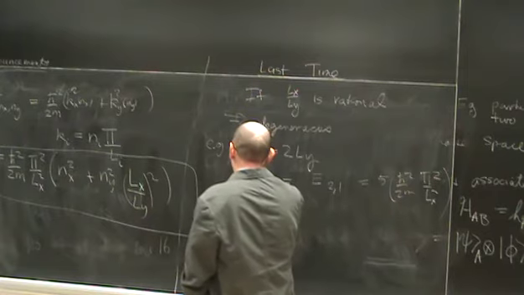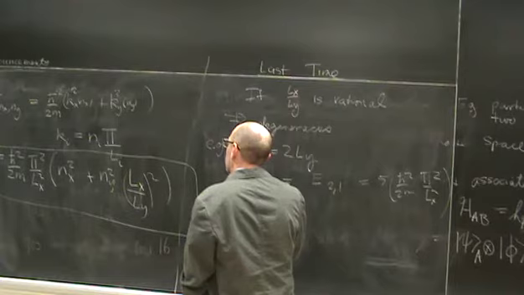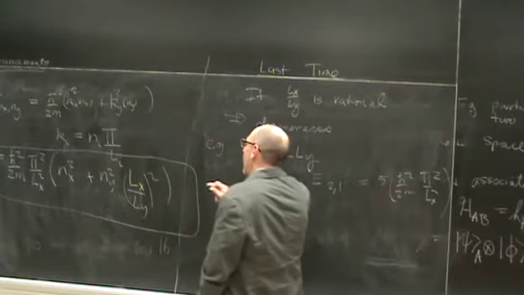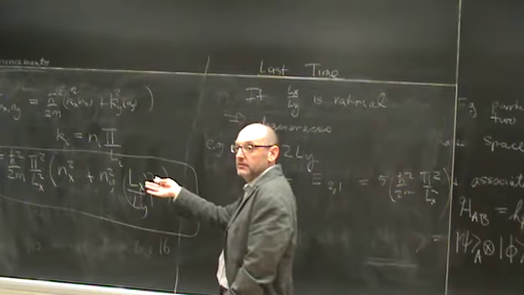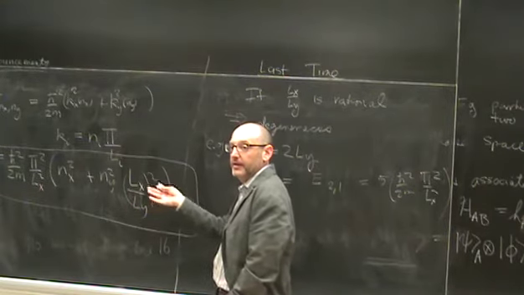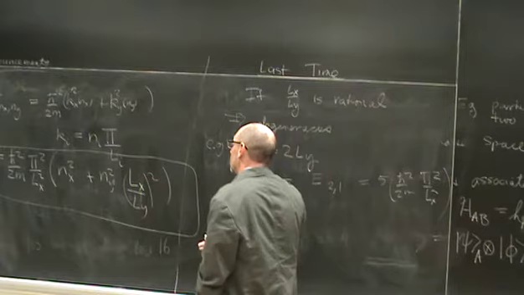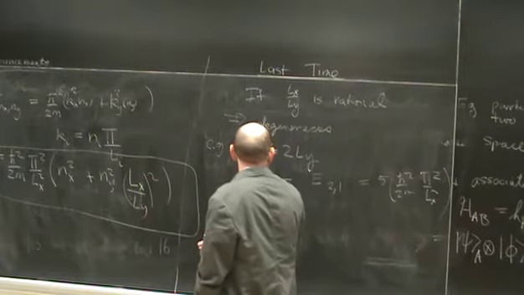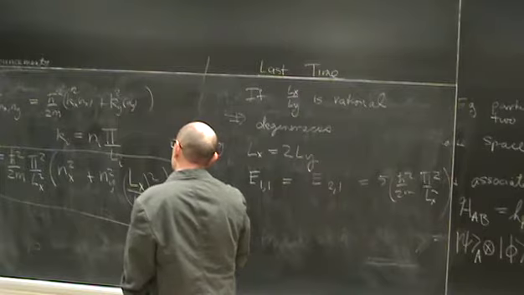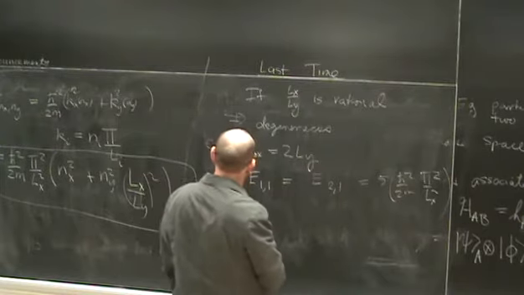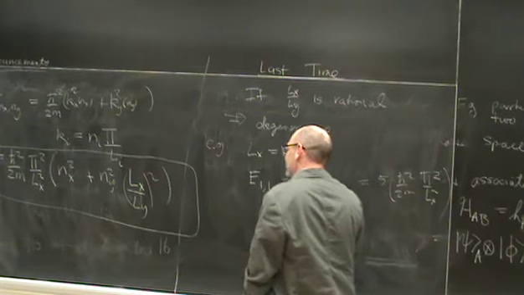Hold on a second. Well, whenever n_x is equal to twice n_y, right? Where am I messing that up? This is a case where I should look at my notes.